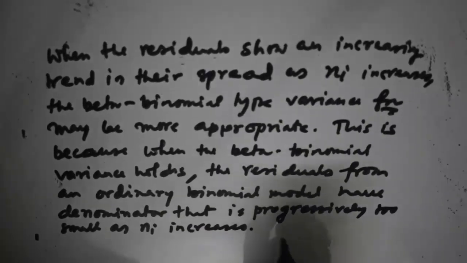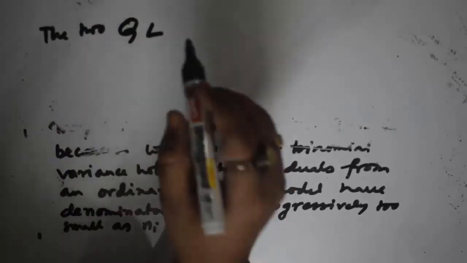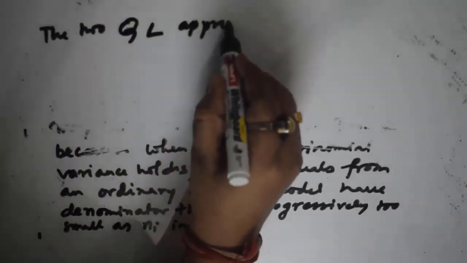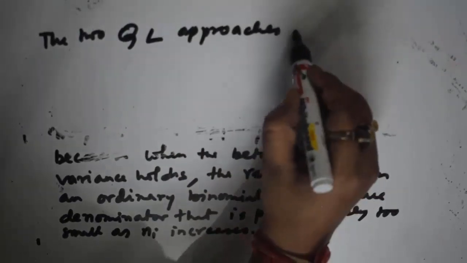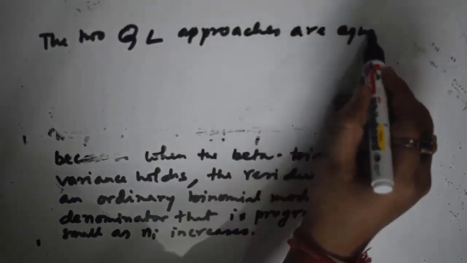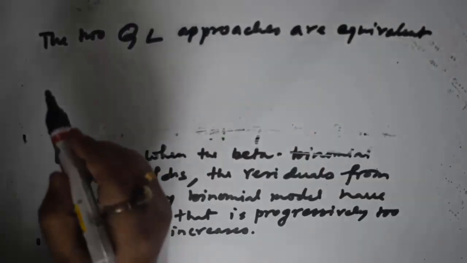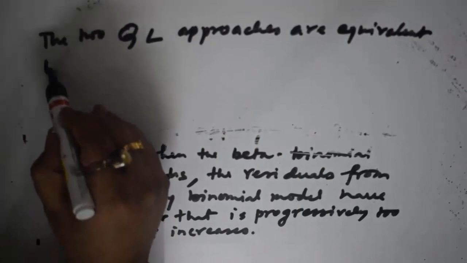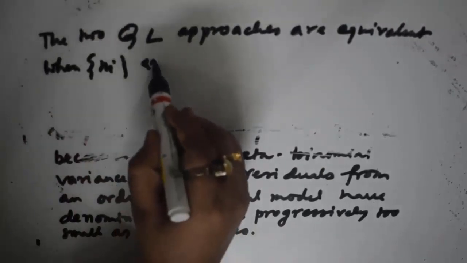The two quasi-likelihood approaches are equivalent when the ni are identical.